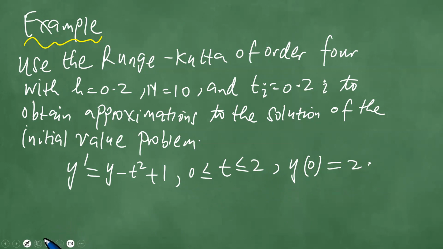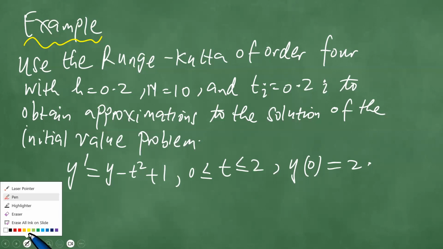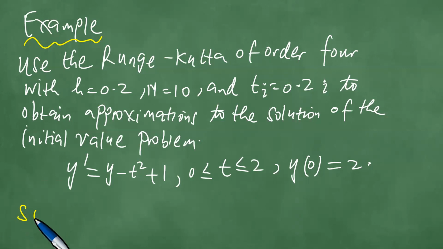Okay, now we have this problem. Use the Runge-Kutta of order 4 with h equals 0.2, n equals 10, ti equals 0.2i to obtain approximations to the solution of the initial value problem. Right. This is what I'm going to do tomorrow.